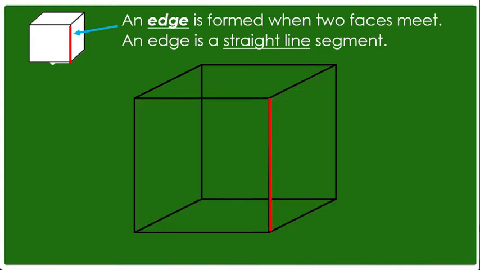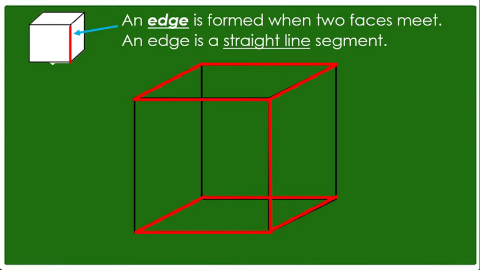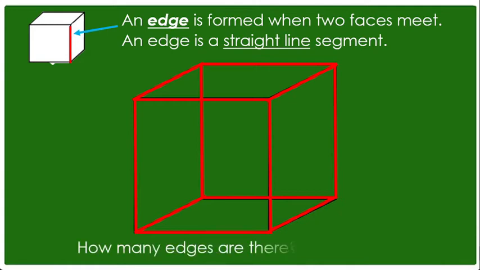So, this is one of the edges of the cube. Now let's count the number of edges the solid figure has. We have 1, 2, 3, 4, 5, 6, 7, 8, 9, 10, 11, and 12. How many edges are there? There are 12 edges in all.